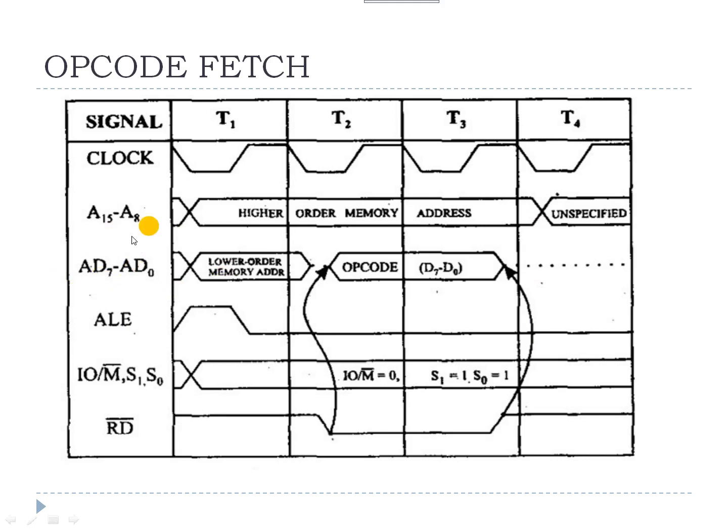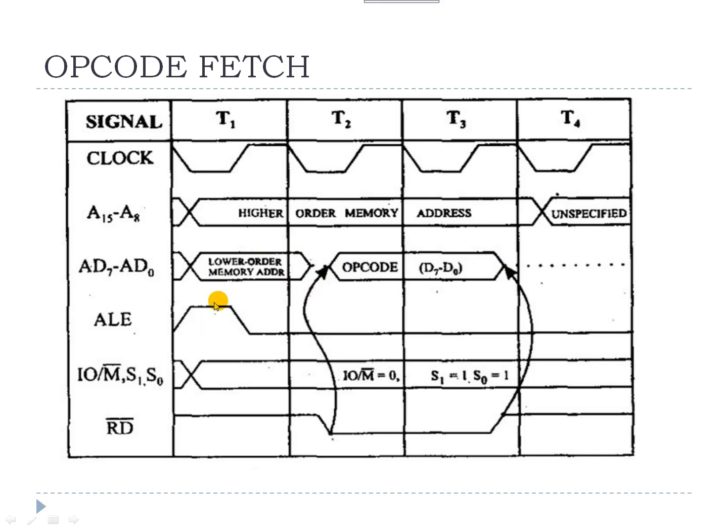While we are seeing the lower order address, the lower order address has to be drawn up to the T1 cycle. When we are having the T2 cycle, you will be having the stalling operation. This stalling operation has to be kept in mind, and the opcode which we got from the memory is supplied on AD0 to AD7 only.